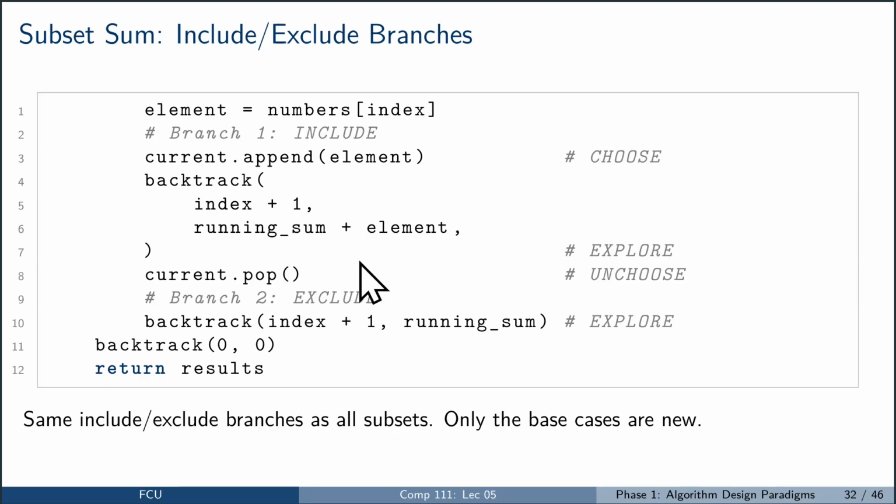Similarly, in the exclude case, we do not include that element. We simply increase our index, we do not add the element to our running sum, and we make the recursive call. So there is nothing to choose and nothing to unchoose in this second branch. It's the same structure, the only difference is the pruning condition on the previous slide.